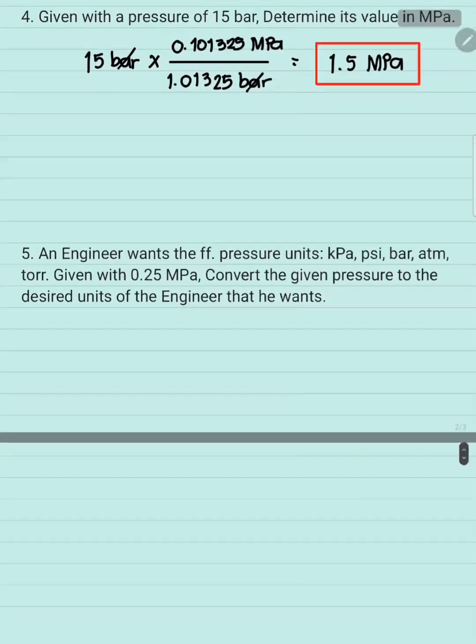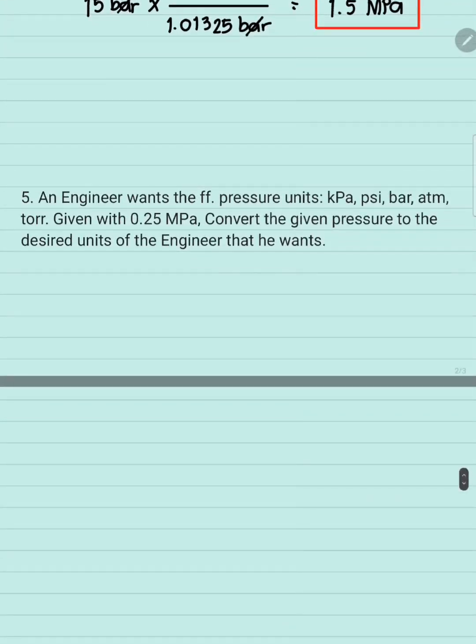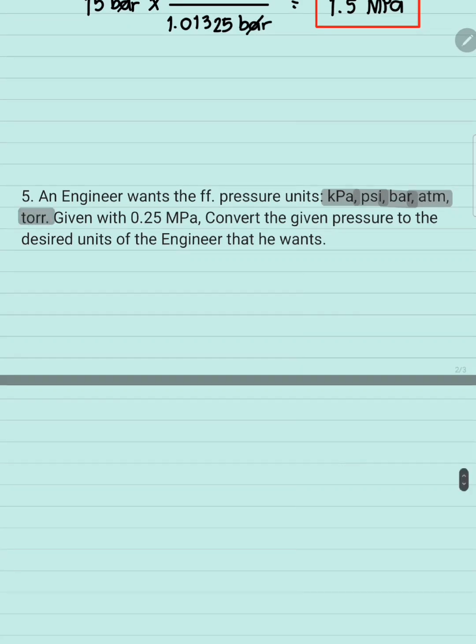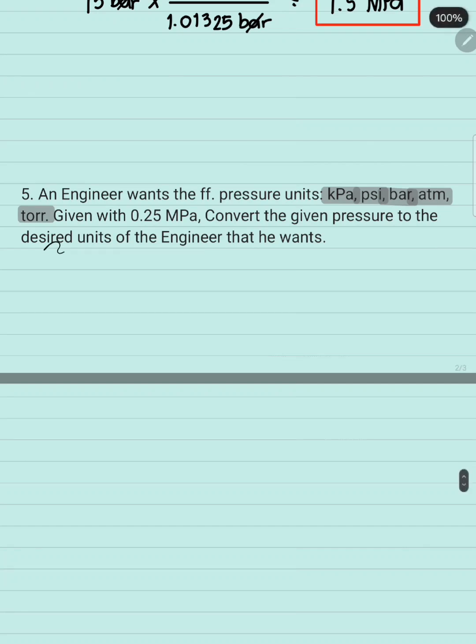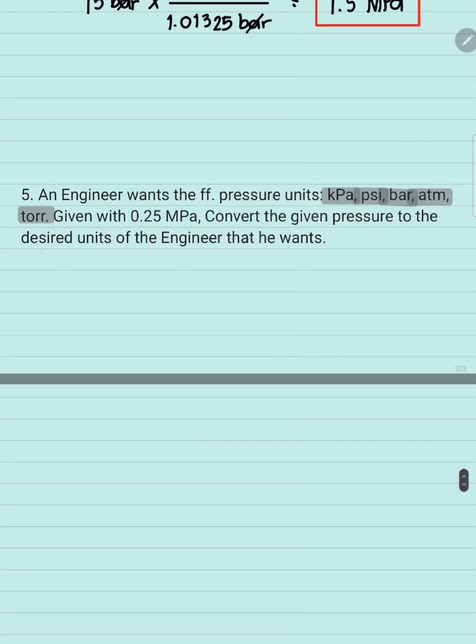Next, let's answer problem number 5. An engineer wants the following pressure units: kilopascal, psi, bar, ATM or atmosphere, and torr. Given 0.25 megapascal, convert the given pressure to the units the engineer wants. Let's solve it one by one to avoid confusion. First, in kilopascal.